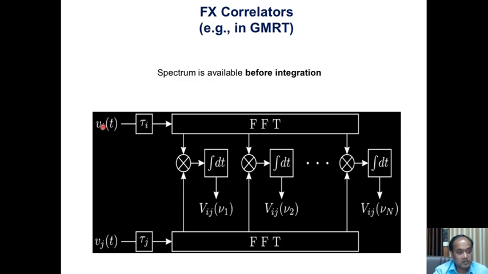Here I am representing two voltage series, V as a function of t, and another V as a function of t. You introduce delays and do a fast Fourier transform. You do the same for the signal from the other antenna. You bring it together, multiply it, and then integrate. So it is Fourier transform followed by multiplication and integration.